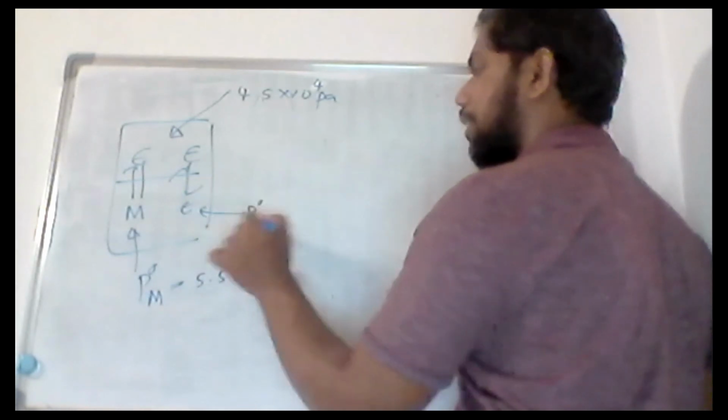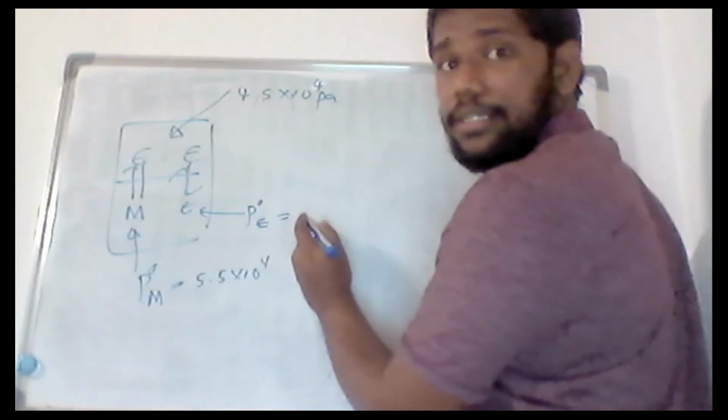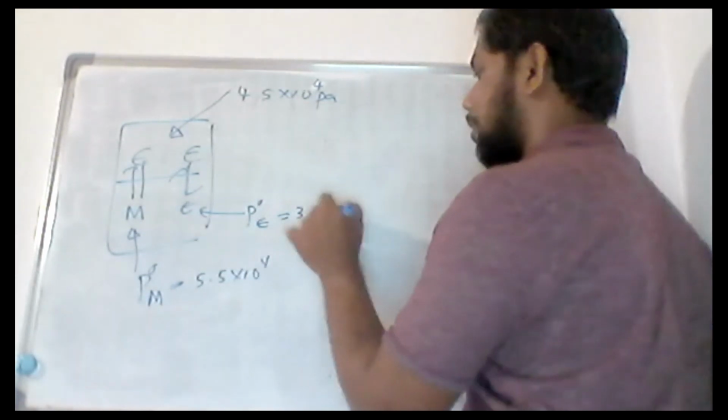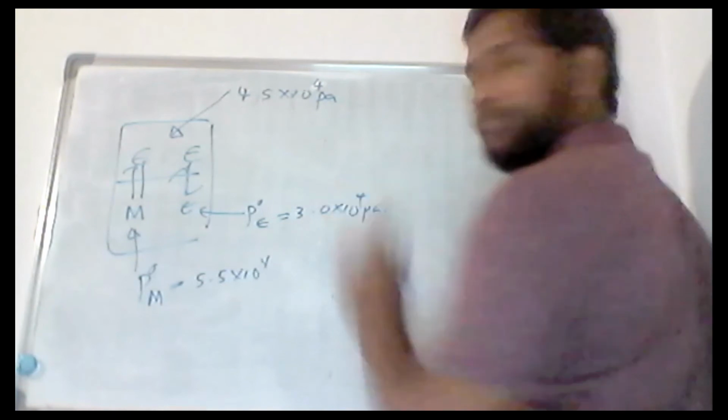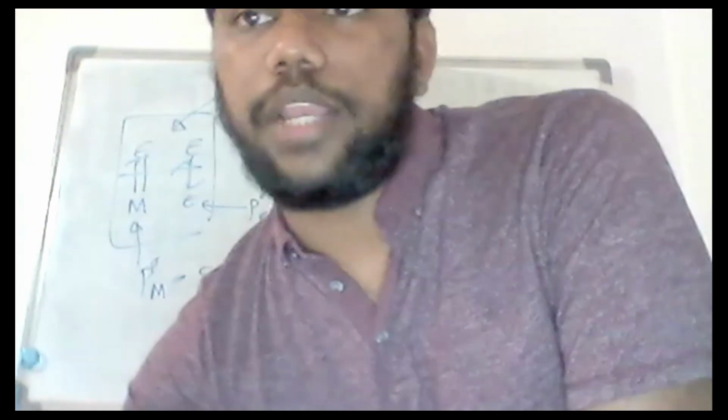And P naught E is given as 3.0 into 10 to the power 4 Pascal. That's it. Okay. So I have to calculate the mole fractions in the liquid and vapor phase.